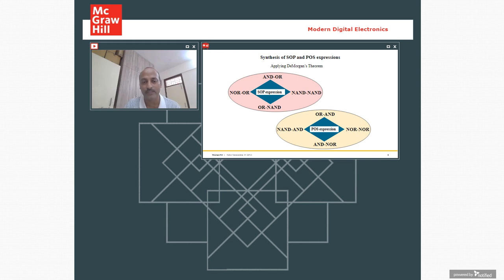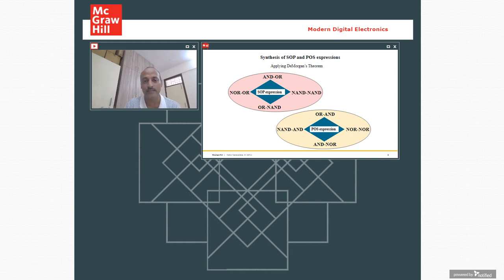In this case, the first stage is OR gates and the second stage is NAND gate. Now, if you apply De Morgan's again on this expression, then we can transfer this circuit to NOR-OR technology. So the NOR is the first stage and OR is the second stage.